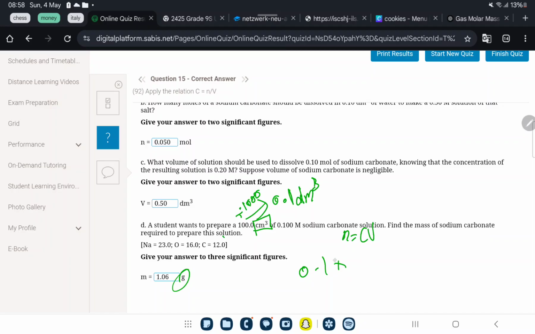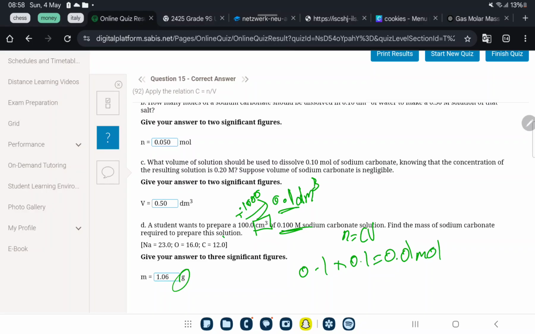We want the volume, we got it, so 0.1, and then 0.1 M, so 0.1 again, so you get 0.01 moles.